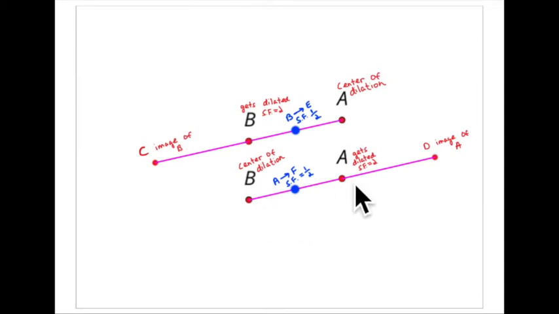A is what's getting moved, what's getting dilated, but it's a scale factor of 1/2, so it's going to move closer to B. And so the distance from B to F is half the distance of B to A because it gets scaled by 1/2. So you multiply this distance right here by 1/2. So this is half the length.